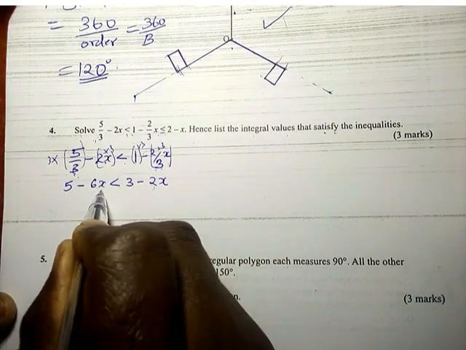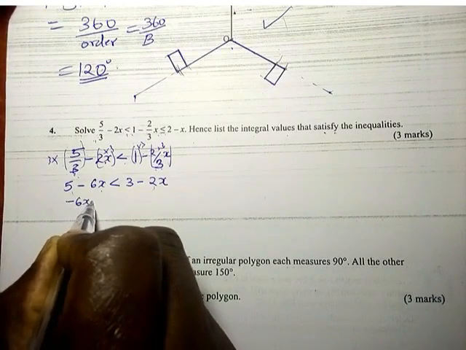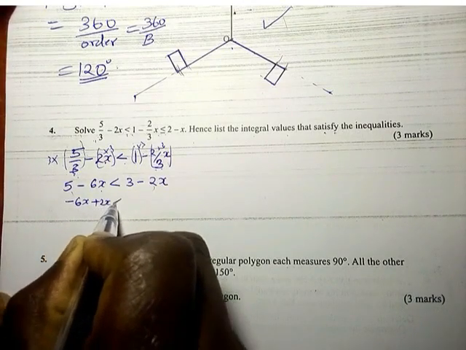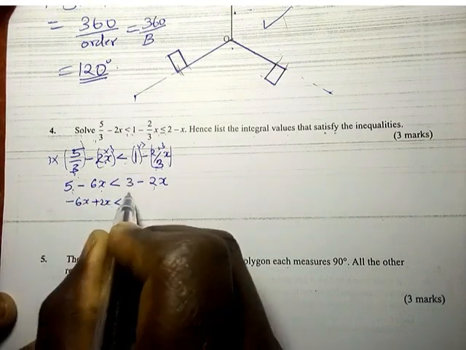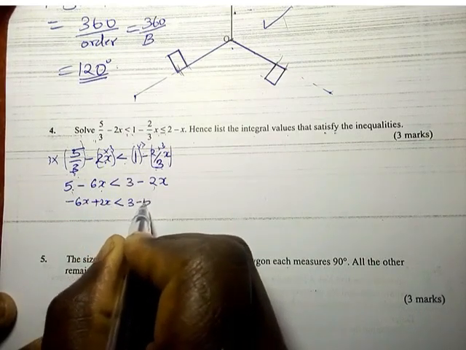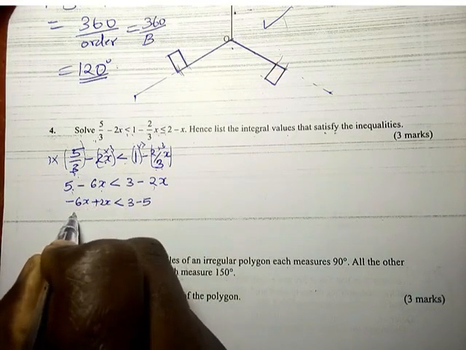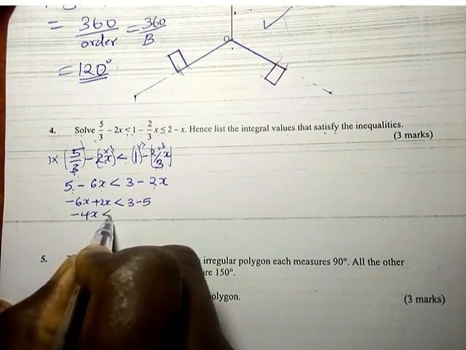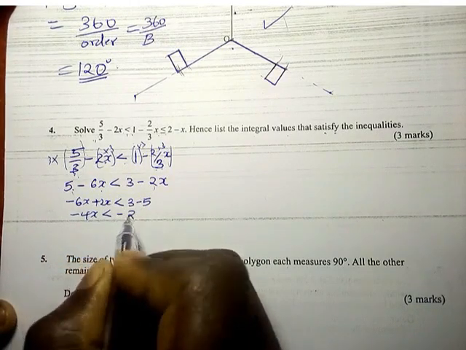Hii ikuje hapa, hii iende hapa. So negative 6x plus 2x is less or equal to, hii ikuje pande hii 3 minus 5. Kwa sababu hii kifuka hapa inakuwa negative. So hapa tutakuwa na negative 4x is less 3 minus this itakuwa minus 2.